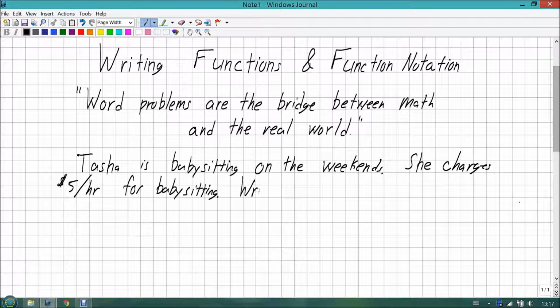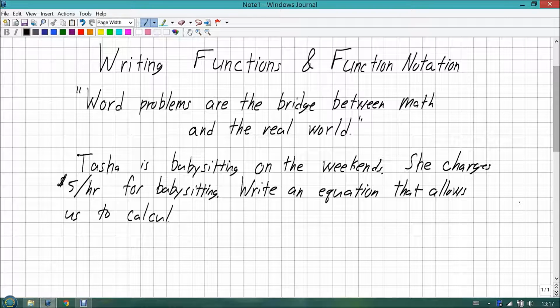Our job is going to be to write an equation that allows us to calculate Tasha's pay.